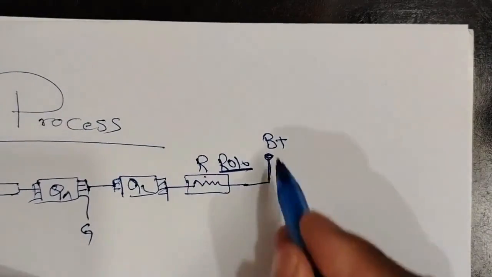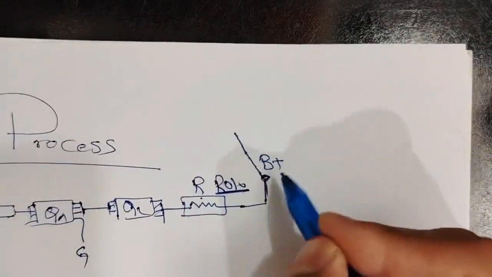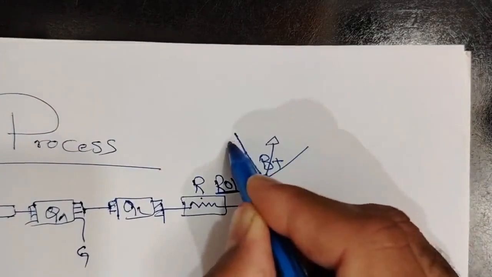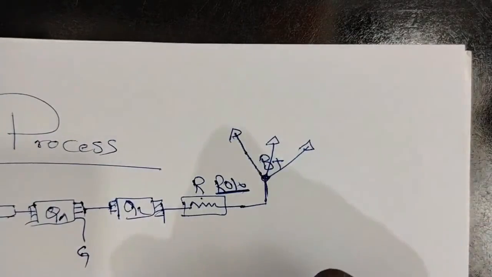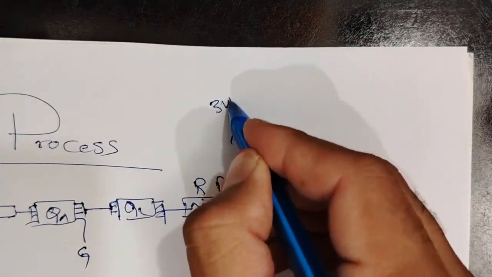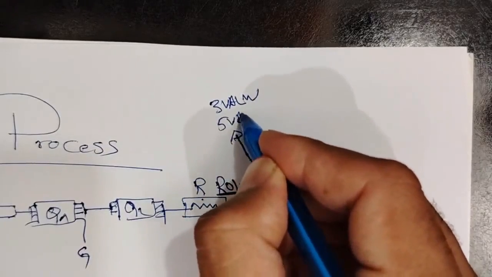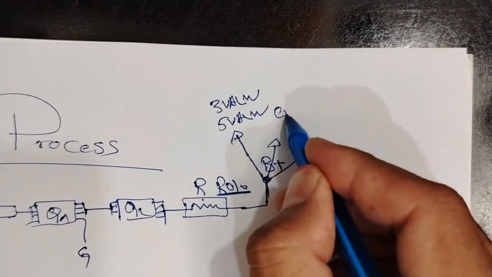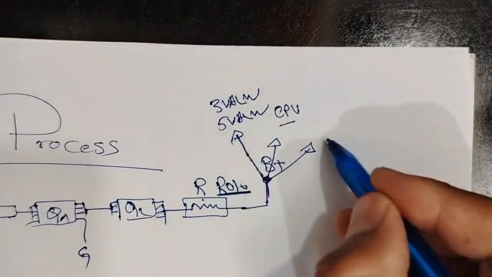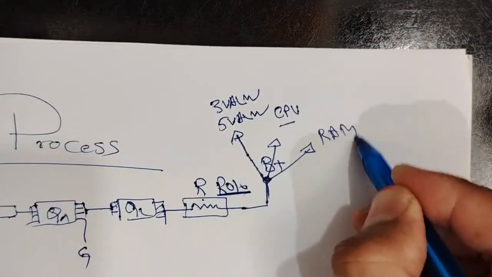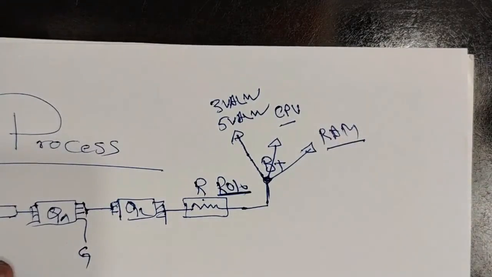Nice. This B plus will be applied to all circuits on the motherboard, including 3 volts always, 5 volts always, CPU circuit, RAM circuit, etc. Okay?